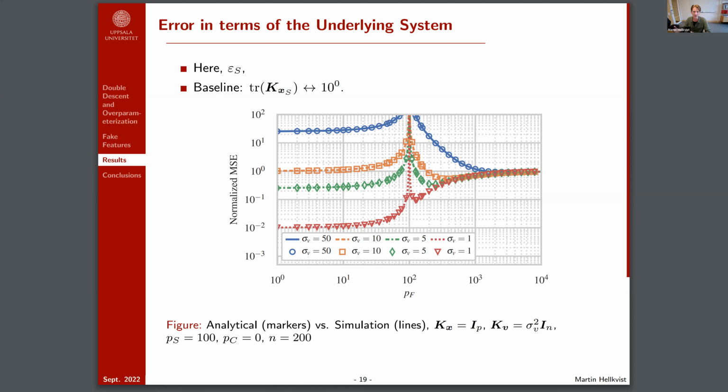So then there is no real way to go back to the left, because you cannot make PF negative here. So you would just have to keep increasing and cross your fingers and go down this slide into the overparametrized regime and hope you end up under the curve. But I'm not suggesting you should add these fake features.